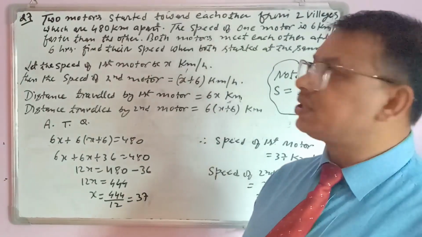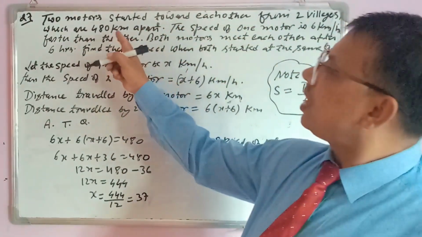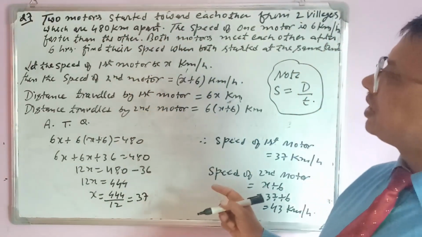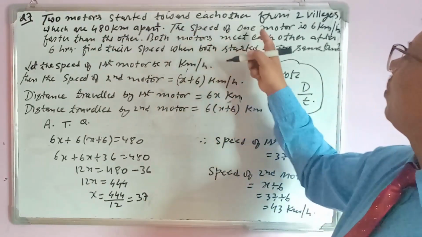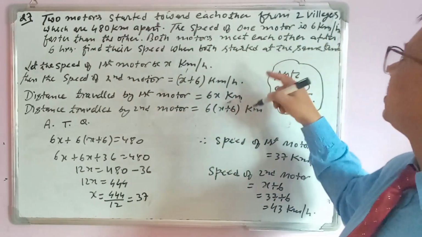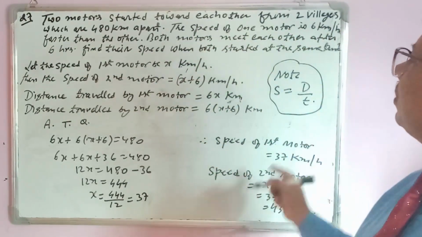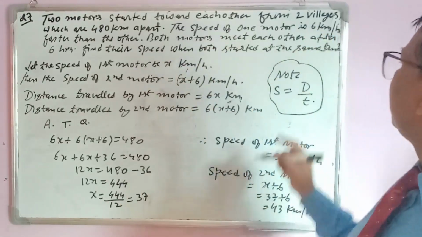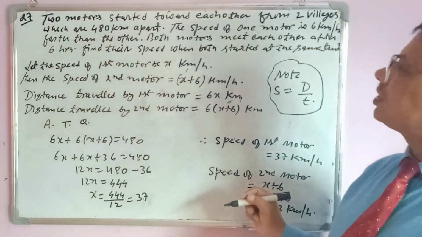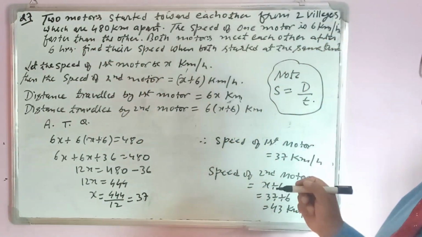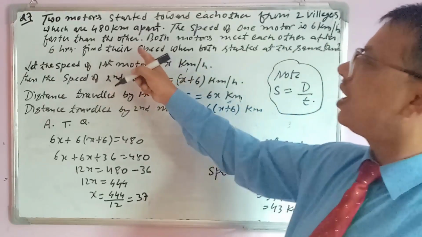Question number 27. Two motors started towards each other from two villages which are 480 km apart. The distance between the two villages is 480 km. The speed of one motor is 6 km per hour faster than the other, meaning one motor's speed is 6 km per hour more than the other.